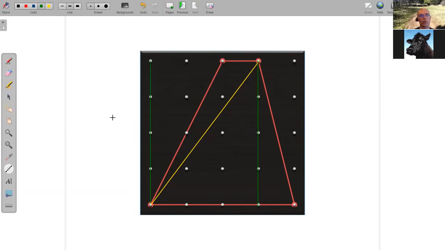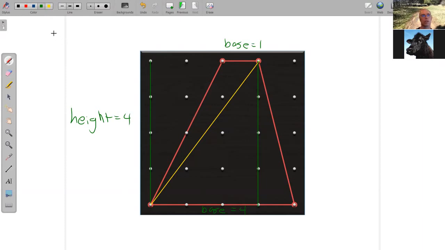So the height of both of these triangles, I'm claiming here, is 4 for both of them, so that's the green line. This triangle facing down has a base of 1, and this one over here has a base of 4.